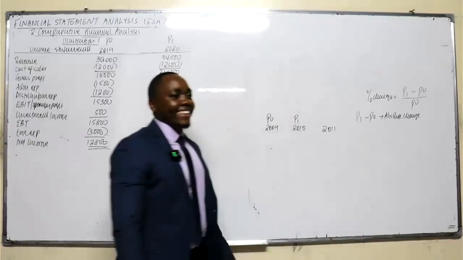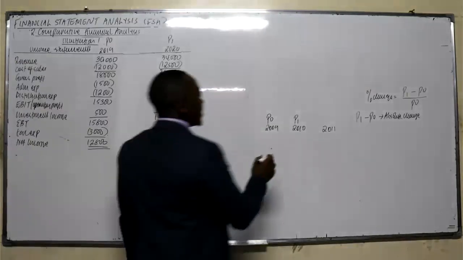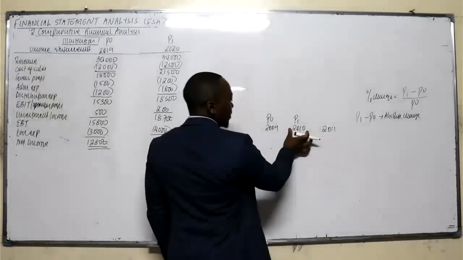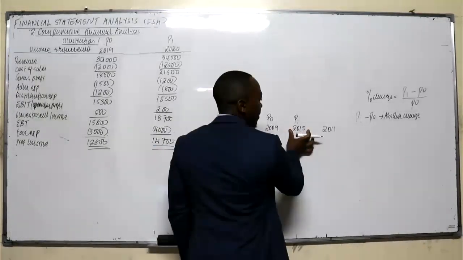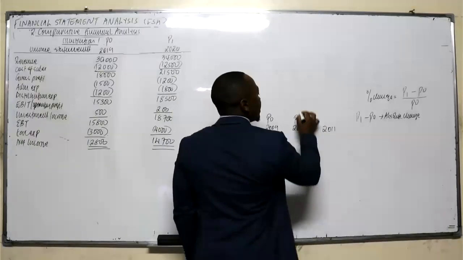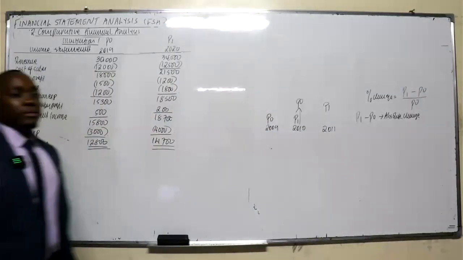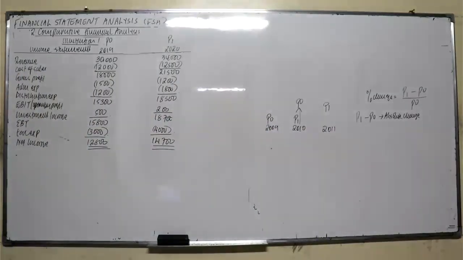There is nothing like that. It can never be P2. It becomes P1. So when you're comparing 2009 and 2010, this will be P0, this will be P1. Now, when you're comparing for 2011, 2010 becomes P0, and this one becomes P1. There is nothing to do with the P2 here. Are you together?